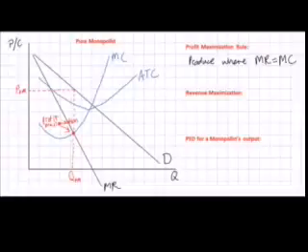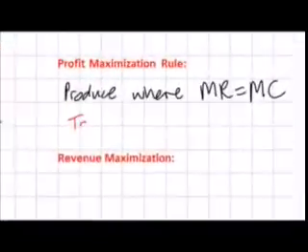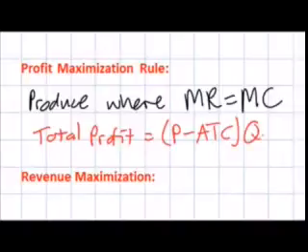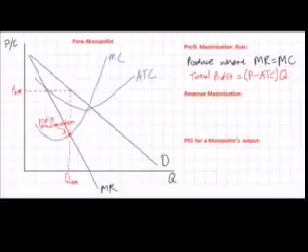In order to find and calculate economic profits, we must know the average total cost, because total profits equal price minus average total cost times the quantity being produced. All we need now is our average total cost because we have the price and we have the quantity that the firm will produce.